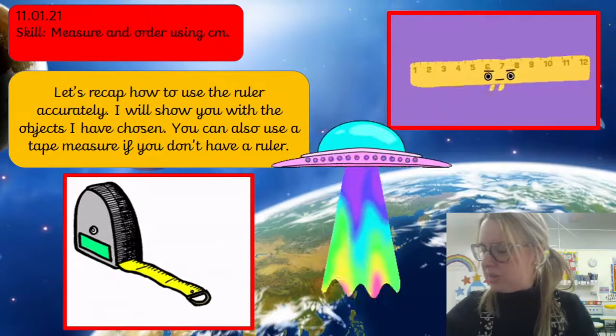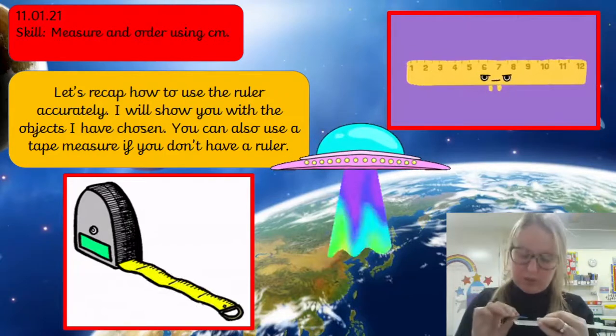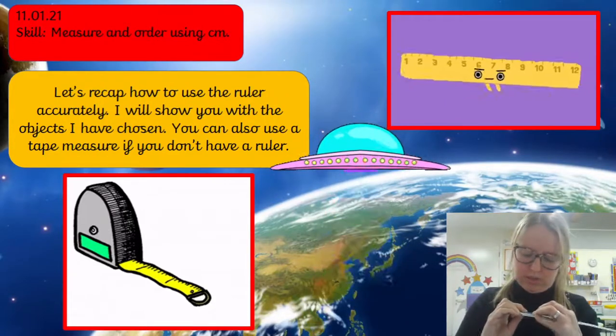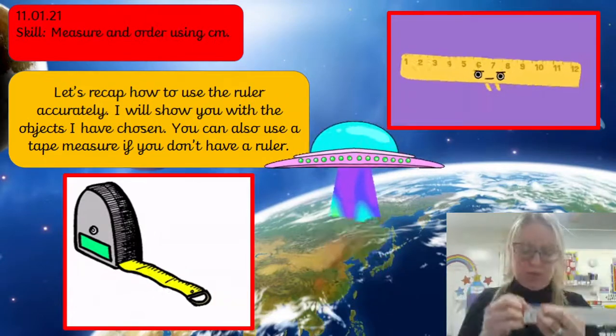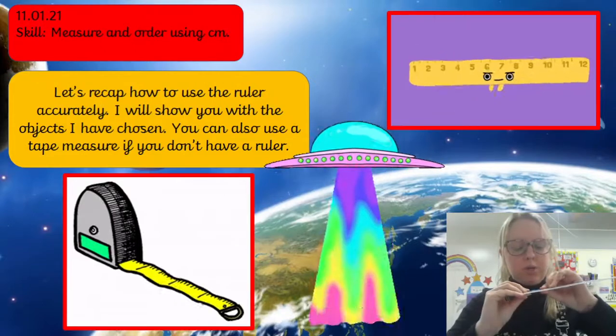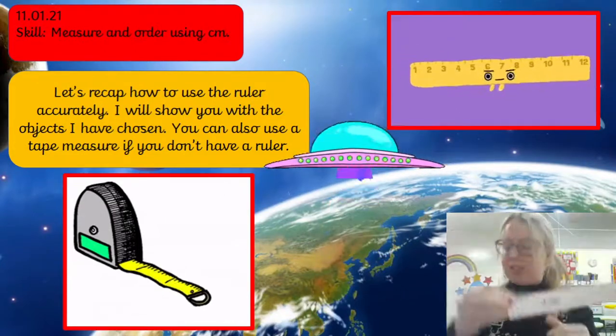If I was to measure my paper clip, I would put it in line with the 0, and I would look at the end of my paper clip to see what number it has, and it is a 3, so my paper clip is 3 centimetres long.